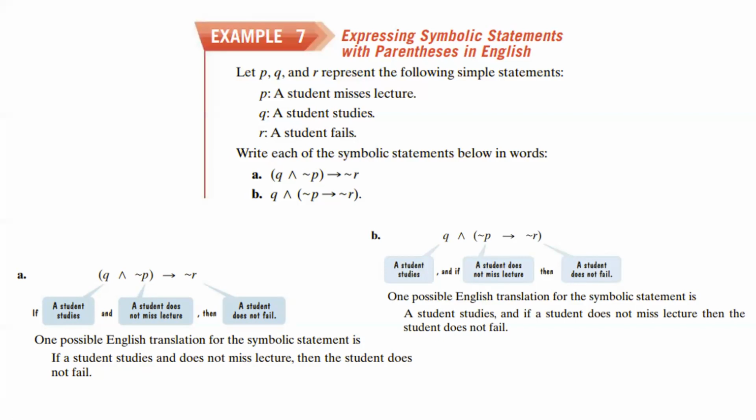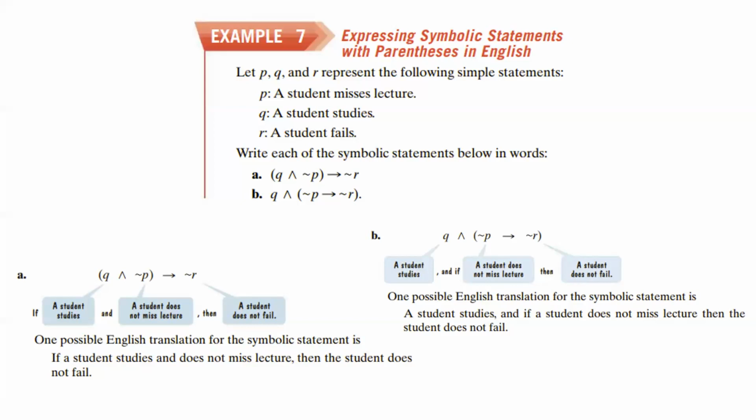Alternatively, my overall statement is this upside down V, my and. So I start by saying Q, a student studies, and then I go into my parentheses, tilde P. So if a student does not miss lecture, then tilde R, a student does not fail.